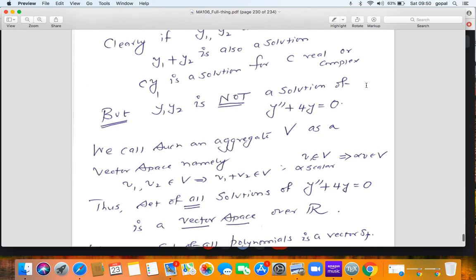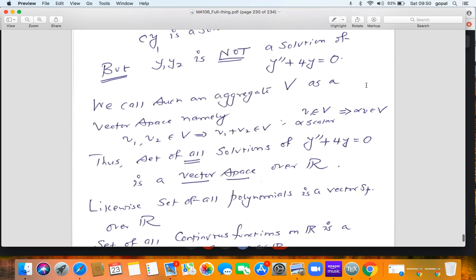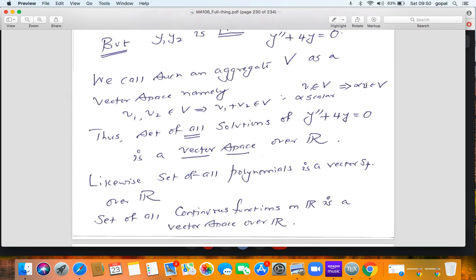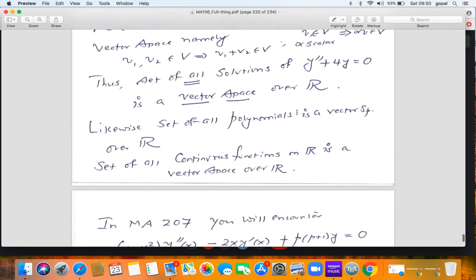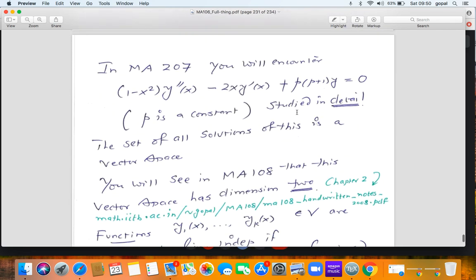So we want to keep the theory quite versatile, and so we don't want to put in too many things as definitions. We want only the addition, v1 plus v2 should be in V, and multiplication by real numbers should again give you back a vector. Okay. So now in MA207, you will study this differential equation: 1 minus x squared y double prime minus 2x y prime plus p into p plus 1 y equal to 0.